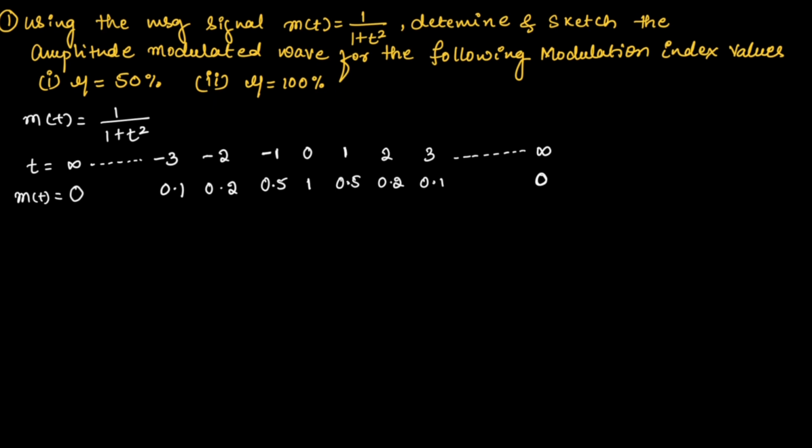So here, as you can observe, we are getting m of t as 1, which is the maximum value, and m of t is equal to 0, that is the minimum value.